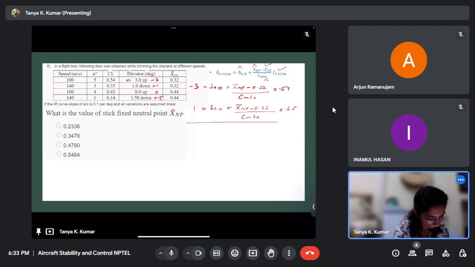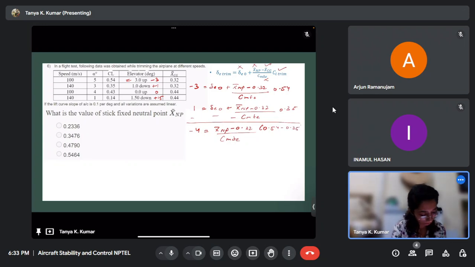What do I get? Minus 4 equals x bar NP minus 0.32. So this is common. Cm delta E, and here you have 0.54 minus 0.35.